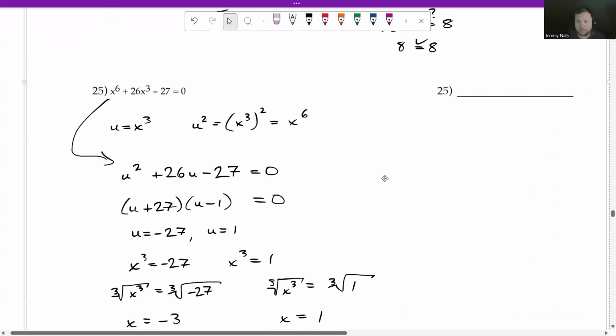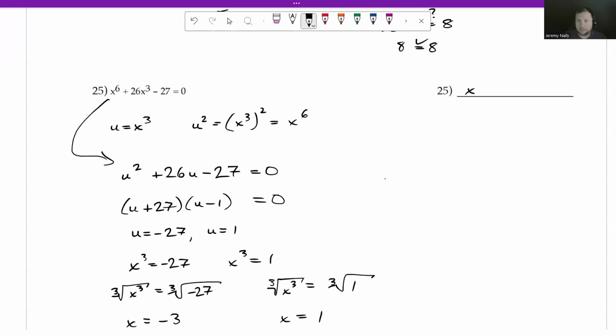The solutions are x's that are elements of the set containing negative 3 and 1.